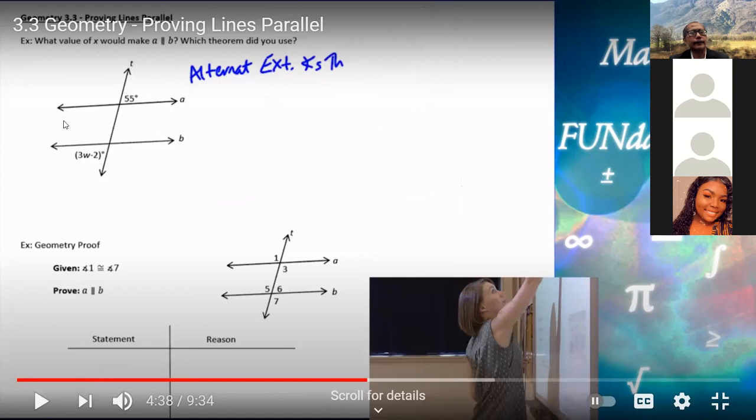So this angle equals this angle, so you can solve the problem. I think the answer should be, right, if this equals this, so add 2 to both sides, so we get 57 here. And on the left side you got 3W, right? So W equals 57 over 3.